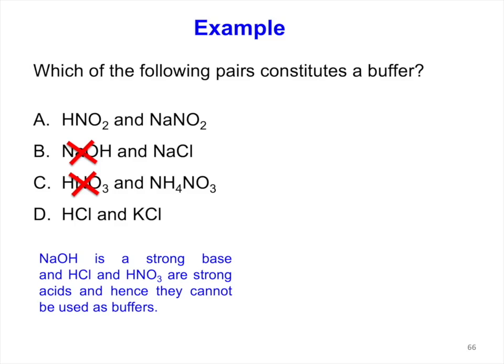So HNO3, nitric acid, is a strong acid, so it cannot be used as a buffer. And D is a combination of HCl and KCl. So HCl here is a strong acid and it cannot be used as a buffer solution.